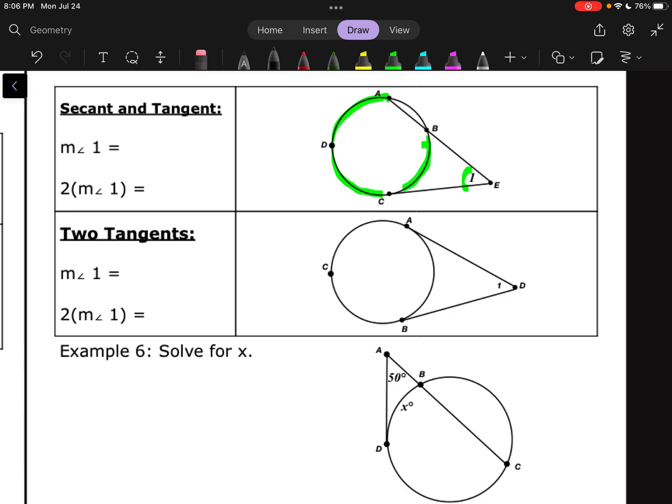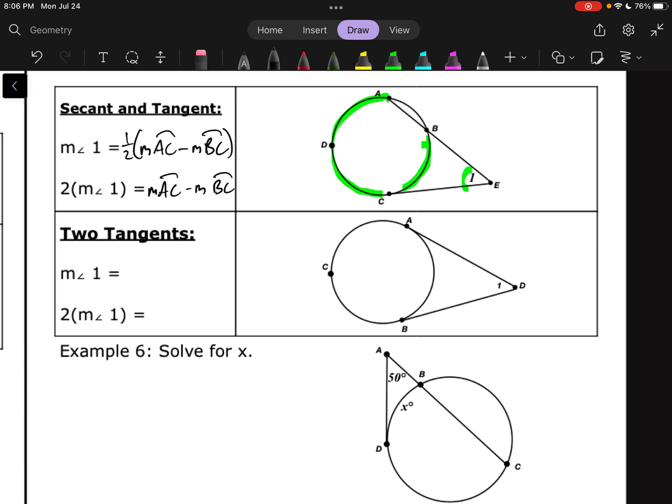So angle 1 would be equal to 1/2 the measure of AC minus the measure of BC. Or 2 times the angle is equal to the measure of AC minus the measure of BC.